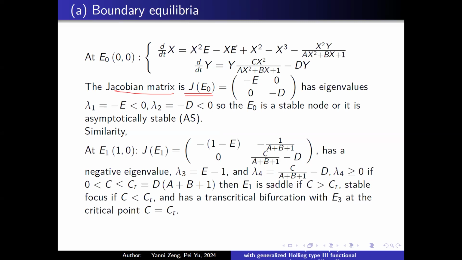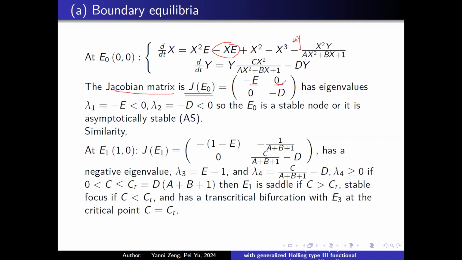The Jacobian, we just consider the linear terms. For the non-linear terms, we can ignore them. The linear term here for x is the constant, minus e, and no y here. The linear term of y is 0.